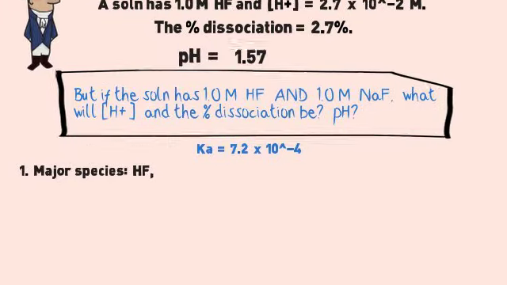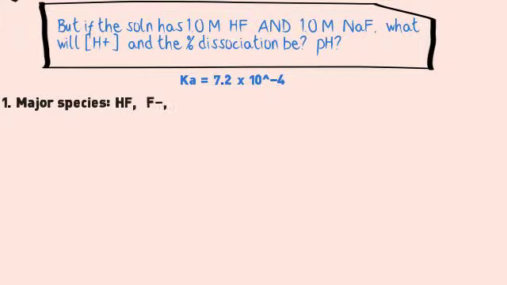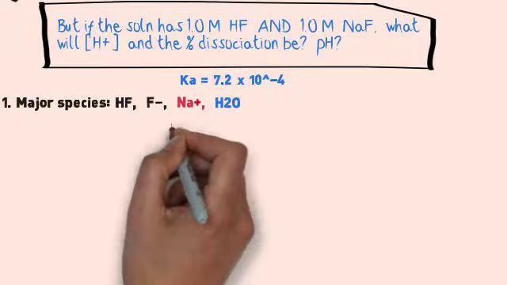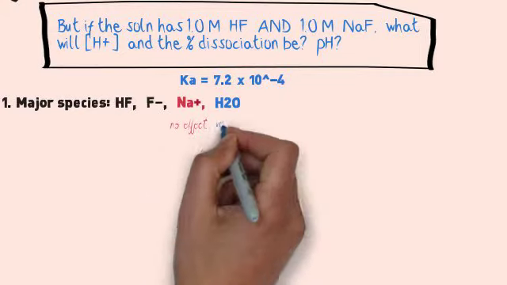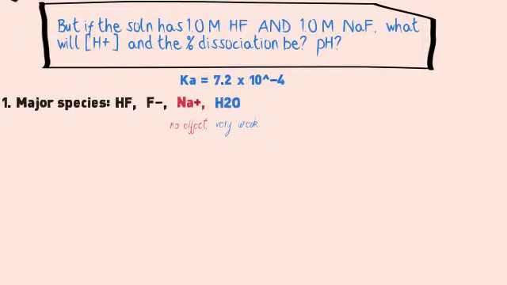Major species, you're going to have HF and F negative from the Na plus, and H2O. Please note that the Na plus has no effect, and the H2O is much weaker than the HF. The Kw is much weaker than Ka.